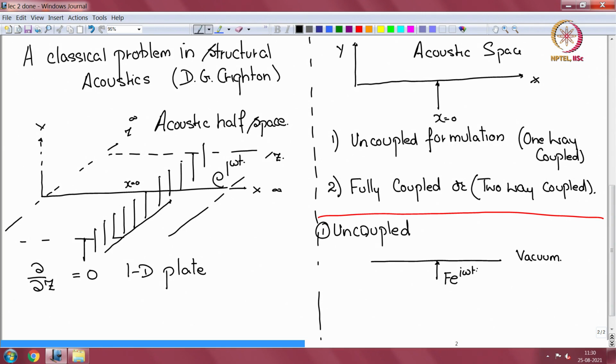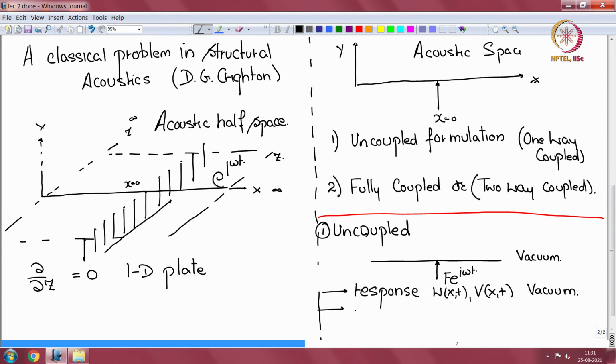The response, that is displacement or velocity, is found first with vacuum as the medium.